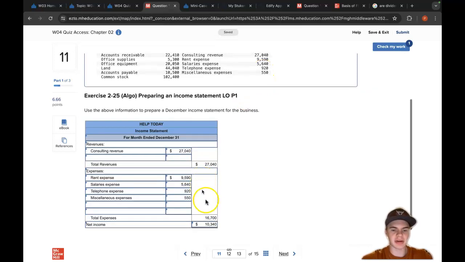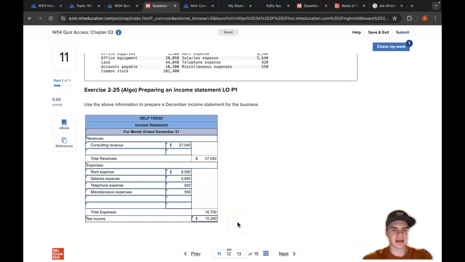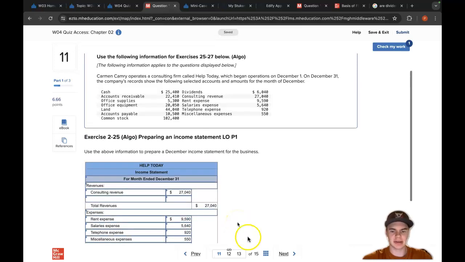That'll automatically calculate your total expenses right down here, which is $16,700. And then you want to subtract to get this number down here, the $10,340. You'll subtract $16,700 from $27,040, because that's the formula for net income: revenues minus expenses. And so we get that $10,340. So that should answer that question.